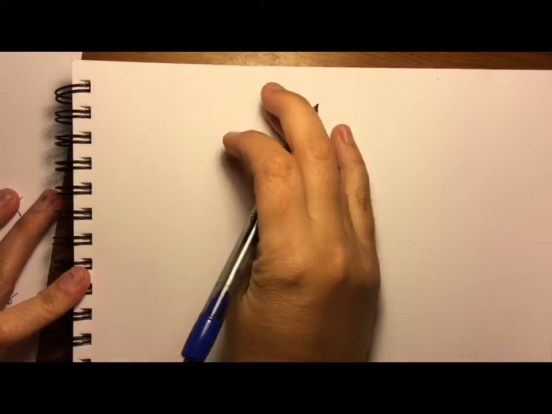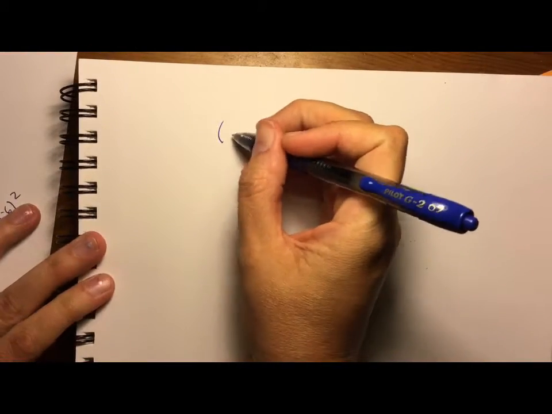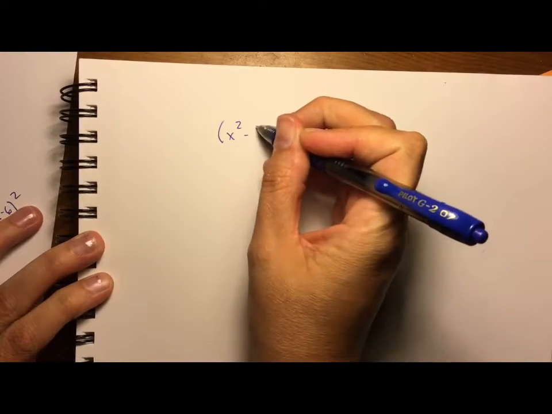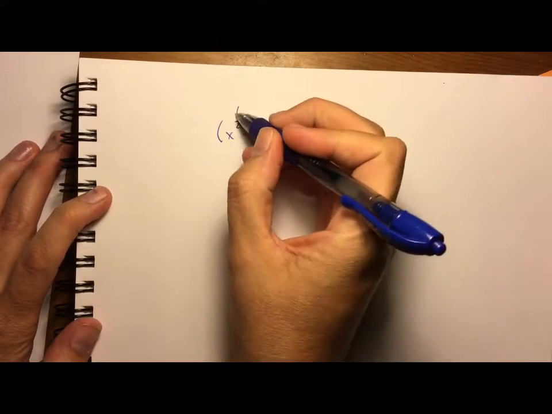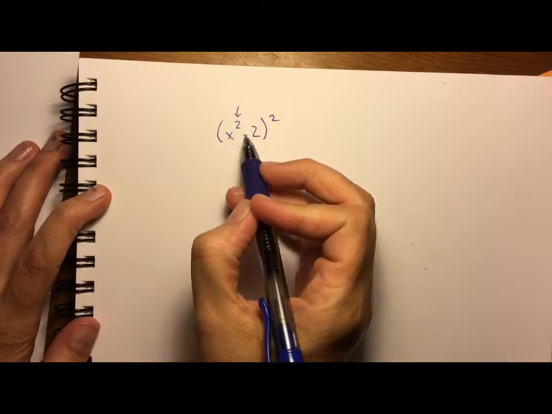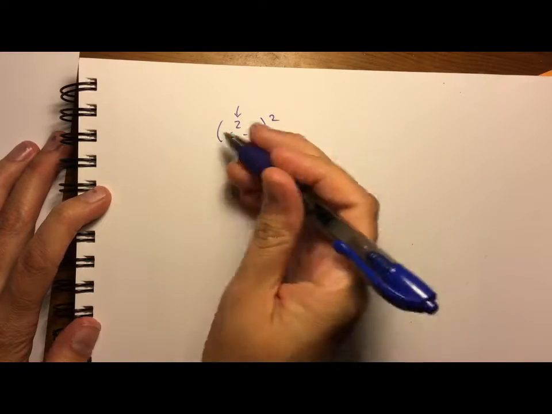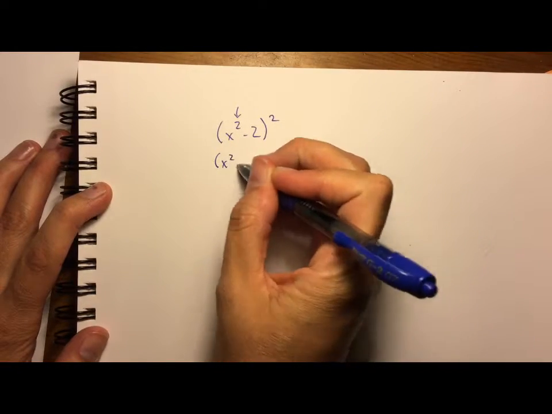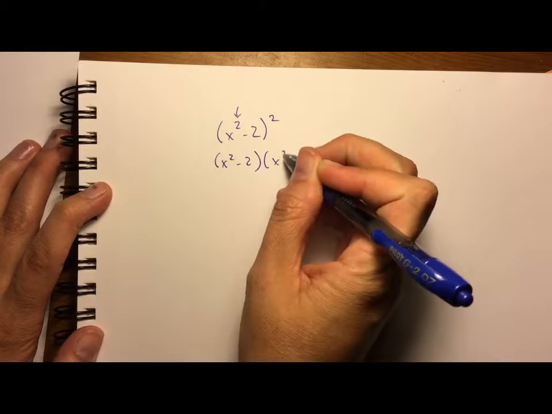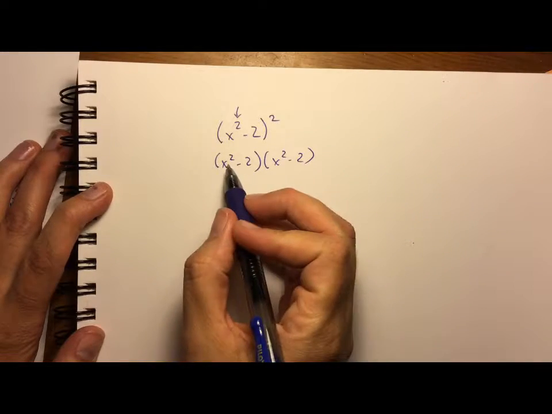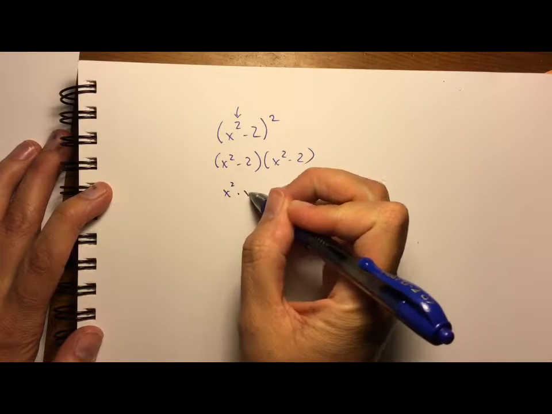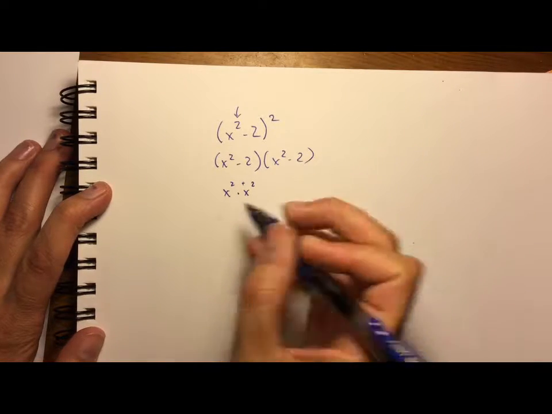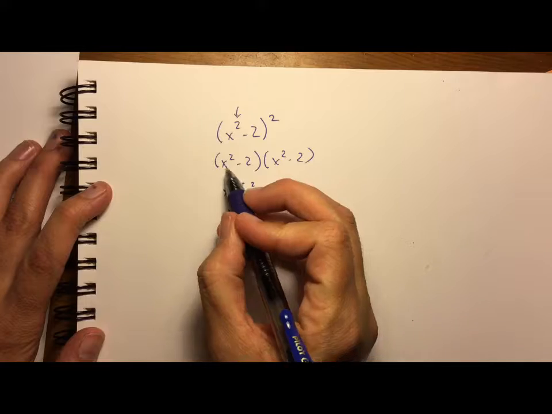Now you might see some things where it says solve for x, and it has part of the equation in parentheses, squared. You might freak out because you see an exponent, but you just FOIL it like normal. So (x squared minus 2) times (x squared minus 2): x squared times x squared, and remember these exponents add, so you get x to the 4th.